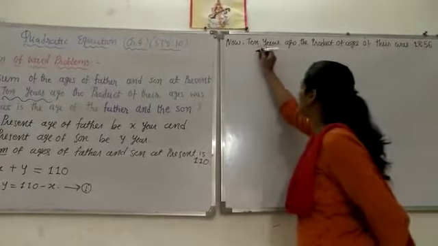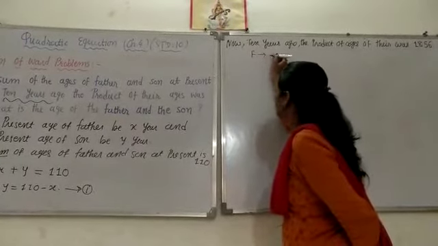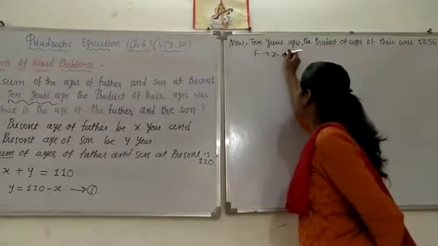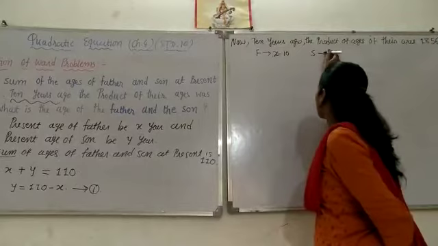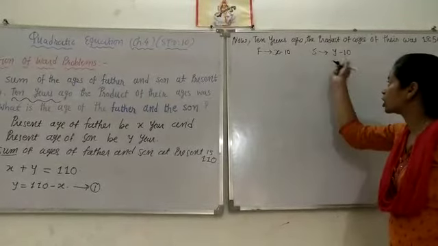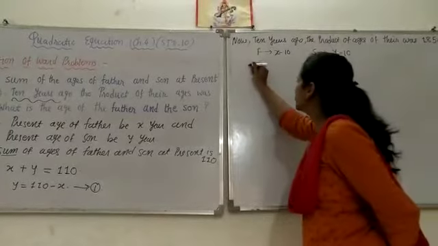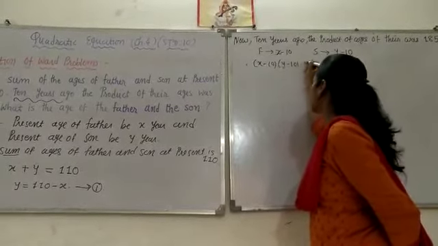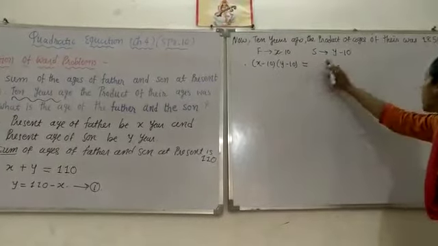Now 10 years ago, what was the father's age? Subtract 10 from the present age. So x minus 10, and son's age becomes y minus 10. Now the product of these two ages, x minus 10 into y minus 10, equals 1856.